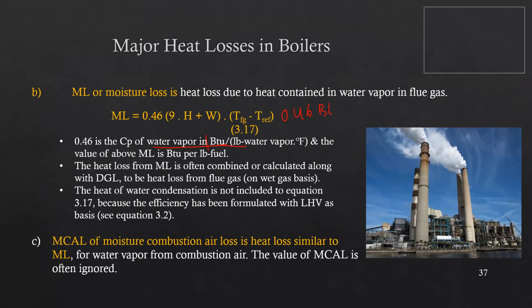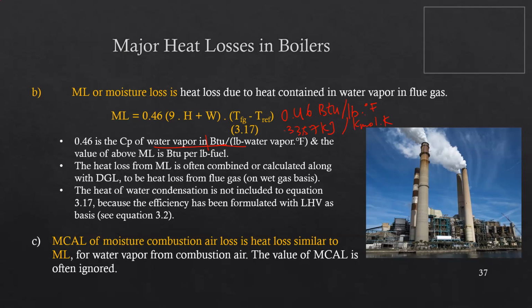We have BTU per pound. If we put it in different units, we will have another unit, kilojoule per kilomole Kelvin, which is 33.57.